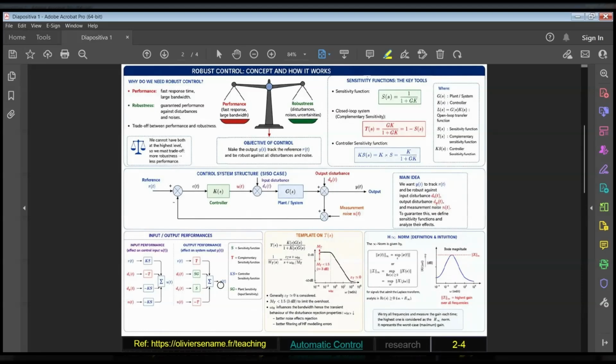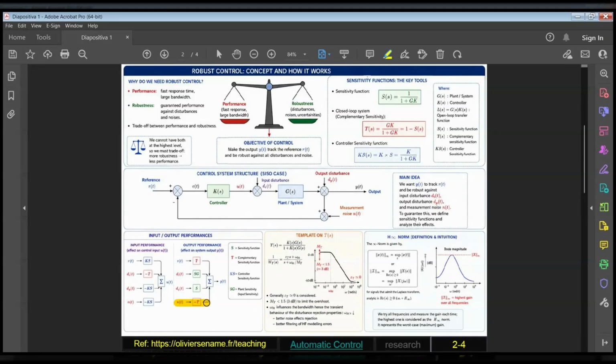So let's understand the role of T. Ideally, I want Y equal to R, which means if our T is equal to 1, this could happen. However, if T is equal to 1 for all frequencies, then the output will also follow the measurement noise.